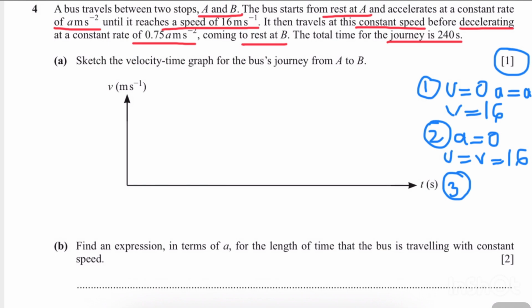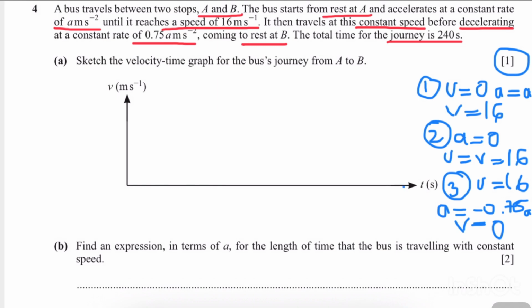Finally for the last part, after operating at a constant speed, it starts decelerating, which is 0.75a. That means the acceleration will be negative 0.75a since it is decelerating, and the initial speed will be 16. Velocity will be 0 since it comes to rest.